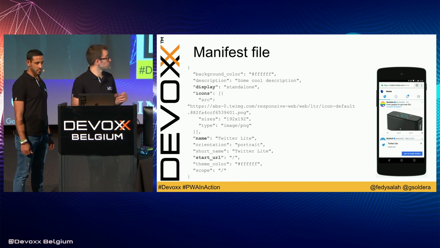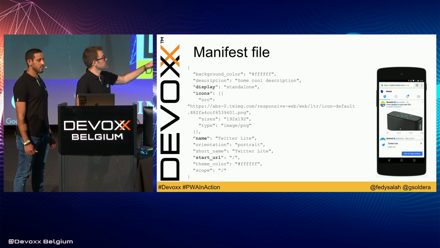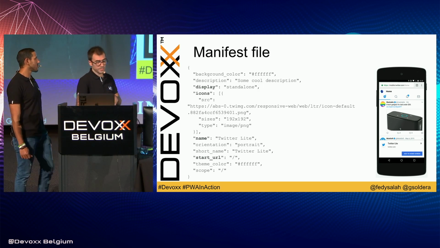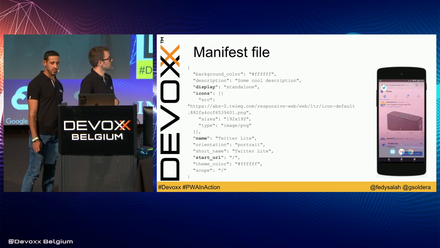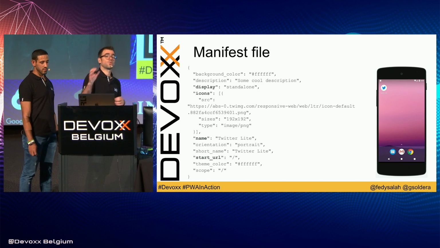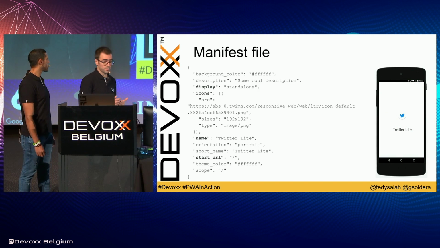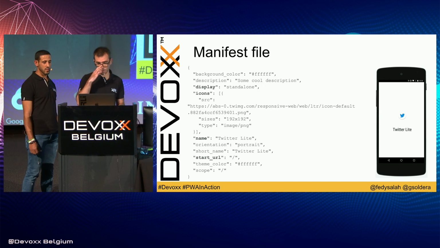On the right, you have the prompt which displays with the icon that you set in this file. When you click on Add to Home Screen, you have the icon on your home screen, the icon you defined in the file. And when you click on it, you first have the splash screen with the theme colors from the manifest file again.